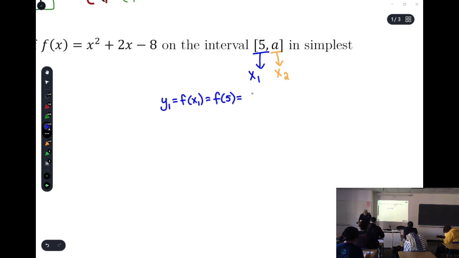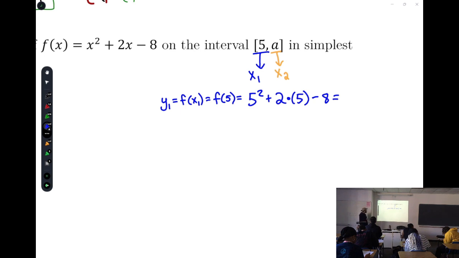Plug and chug. 5 squared plus 2 times 5 minus 8. I guess they just want you to be good at math. 25 plus 10, 35 minus 8. 27?